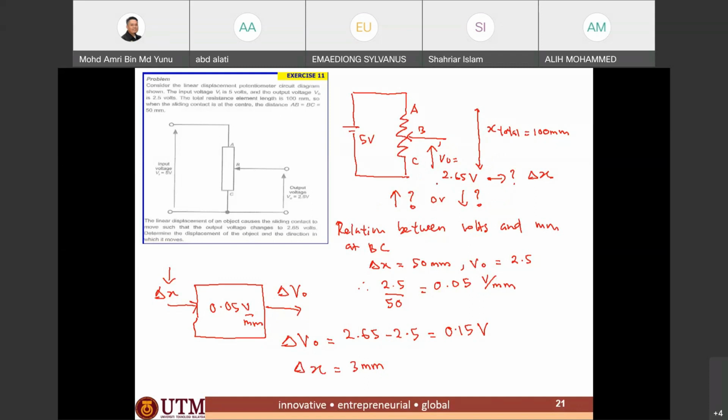Since this becomes more positive, or increases, it is basically moving up, or the displacement is moving towards the A point. Okay, so that's how we solve this problem.